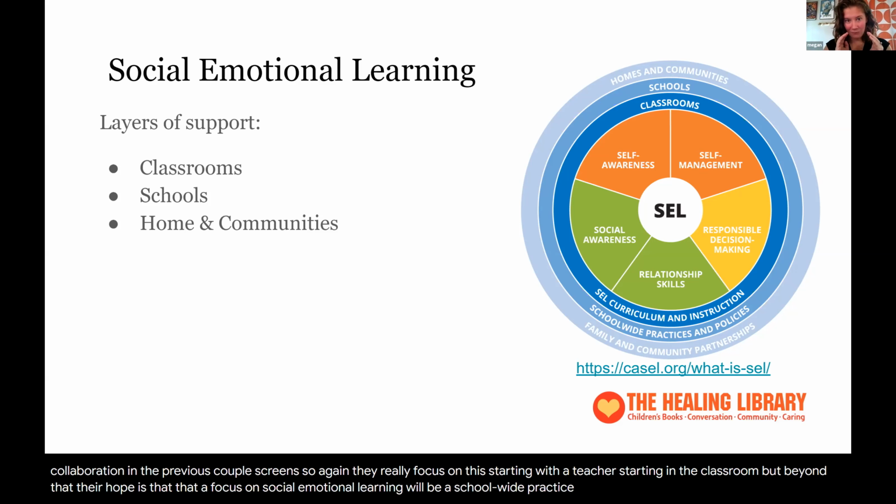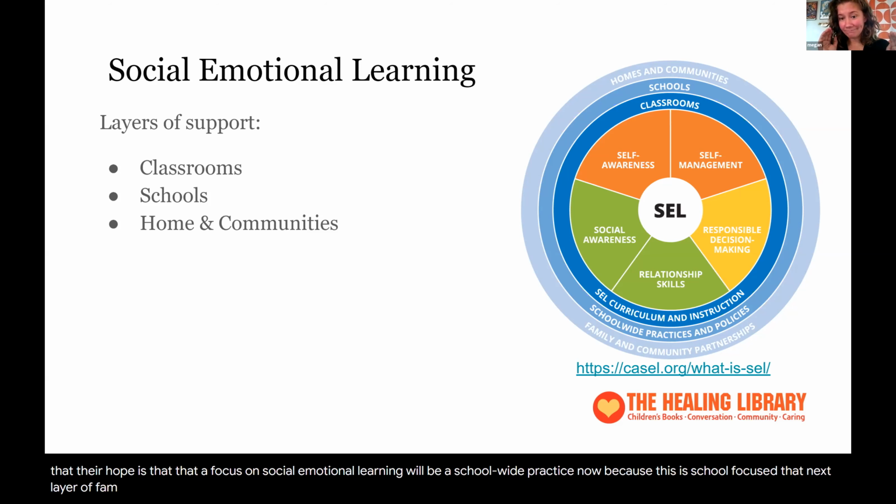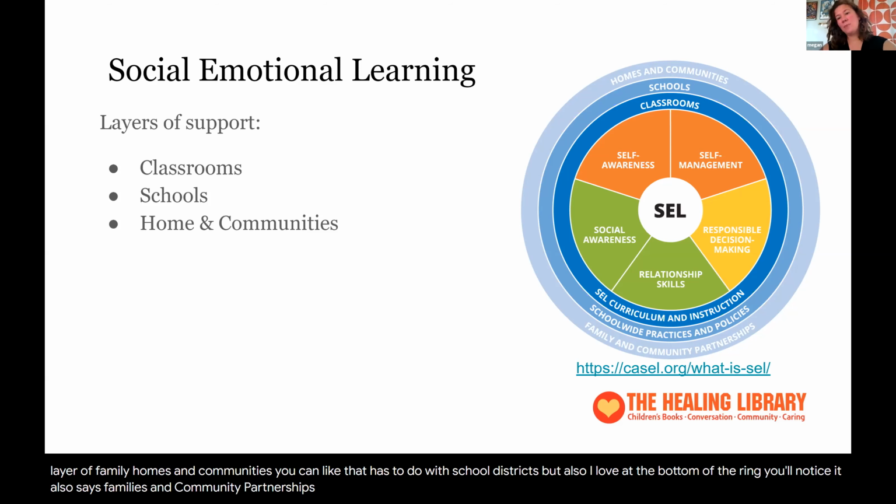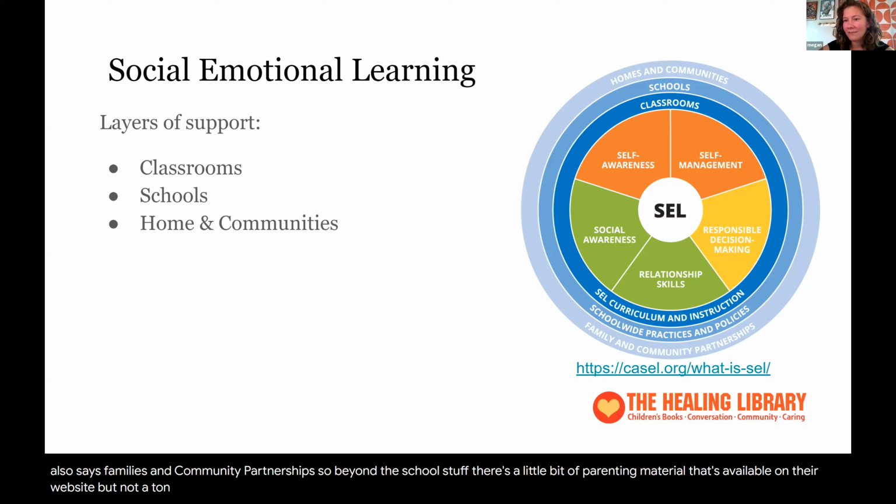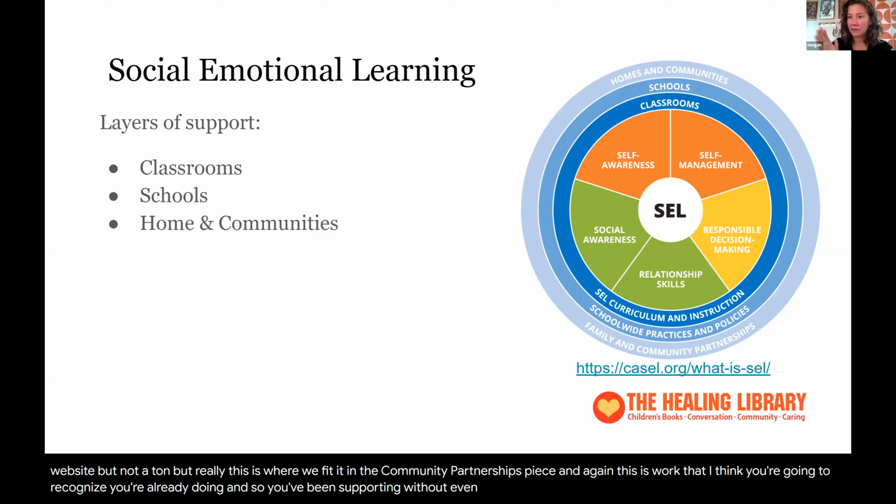Now, because this is school focused, that next layer of homes and communities has to do with school districts, but I also love that at the bottom of the ring, you'll notice, it says families and community partnerships. So beyond the school stuff, there's a little bit of parenting material available on their website, but not a ton. But really, this is where we fit in, the community partnerships piece. And again, this is work that I think you're going to recognize you're already doing, and so you've been supporting it without even knowing it. But we're in that pale blue outer tier if you're looking at this diagram.